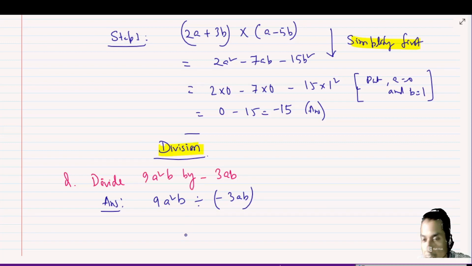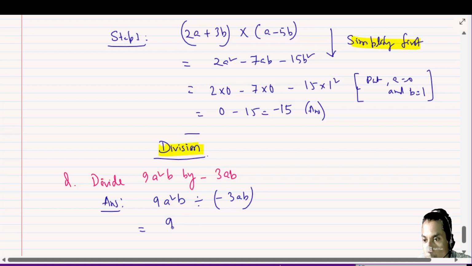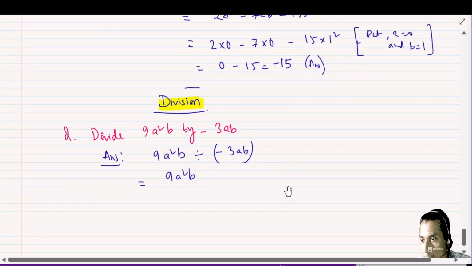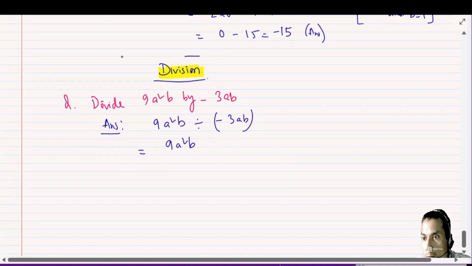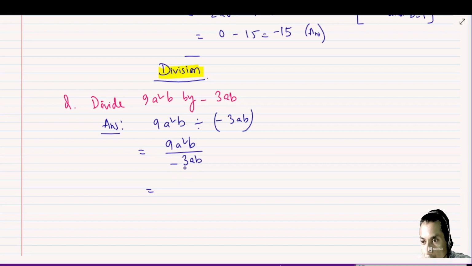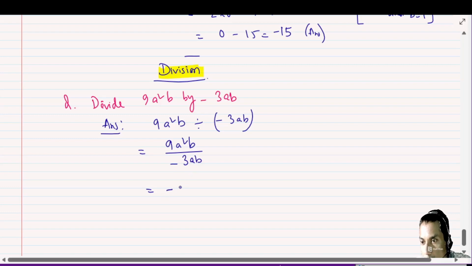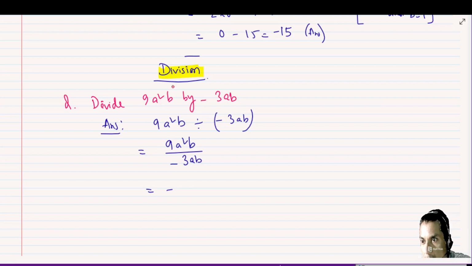Keep it in brackets. Then what you have to do, 9a square b divided by minus 3ab. Clear? You already know that the minus in the denominator or the numerator is no different, so put the minus here and simplify it. After simplification you get 3, 3 nines are 9.